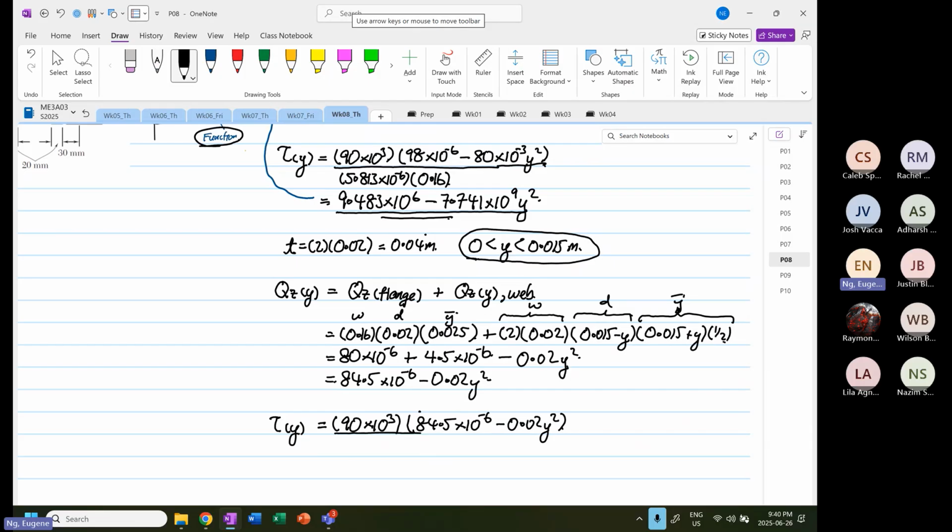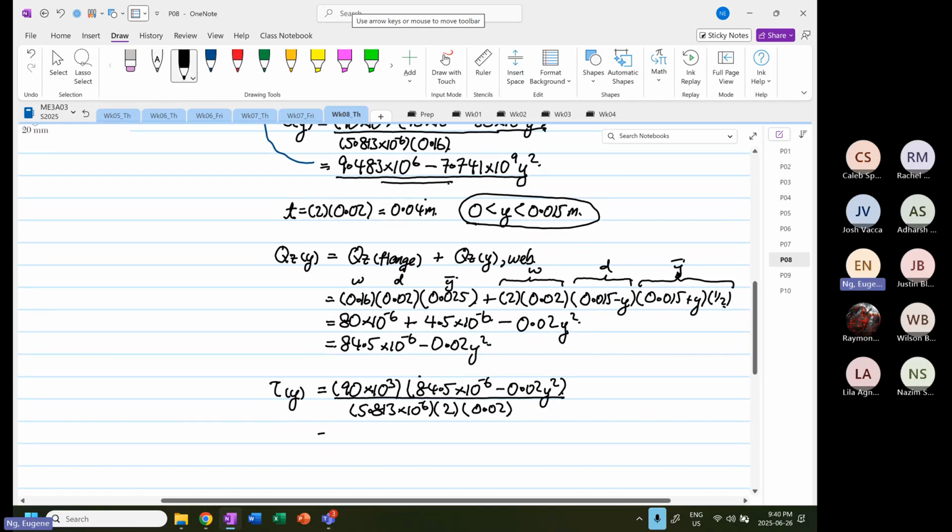And then the whole thing, we are going to divide by 5.813 times 10 to the power minus 6. Now the thickness is 2 because of left and right flange, multiplied by the thickness of 0.02.